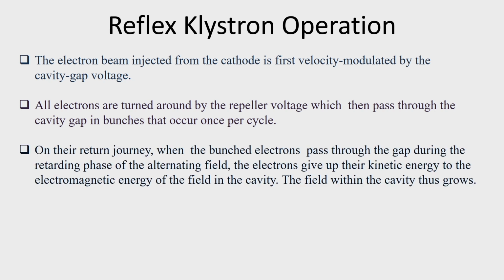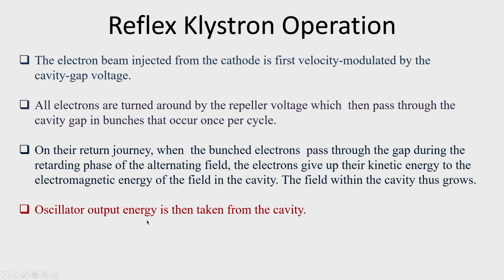On their return journey, when the bunched electrons pass through the gap during the retarding phase of the alternating field, the electrons give up their kinetic energy to the electromagnetic energy of the field in the cavity, and the field within the cavity thus grows.